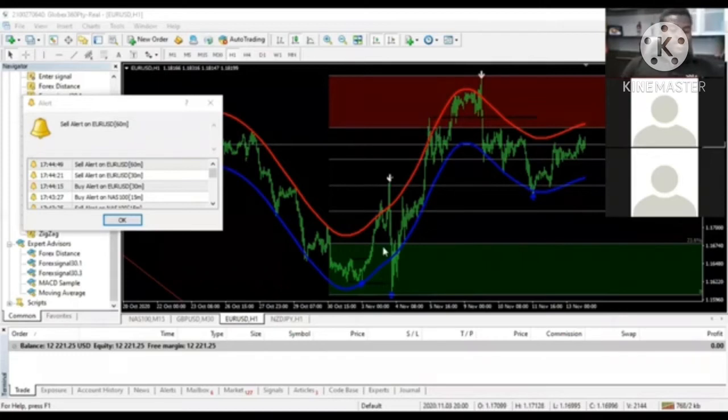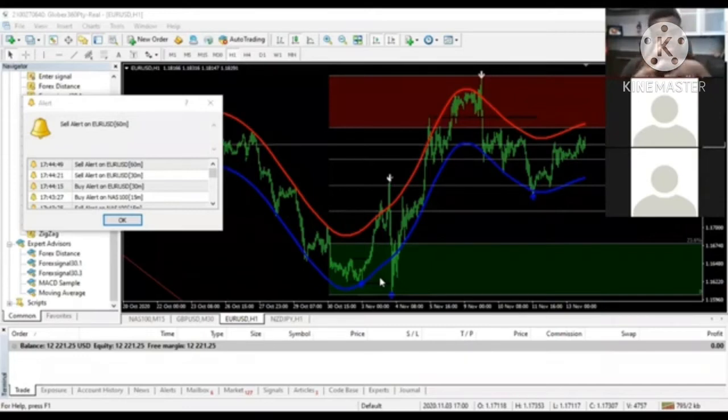Will the arrows repaint? Does the system repaint? Yes, it does, only under one condition. If the arrow popped up at the wrong place, it's going to repaint. Now, if it repaints and you get burned, then that means you did not follow the three rules. If an arrow pops up in the green zone, there is no way that the system will repaint, because all these things need to coincide with each other and work together.